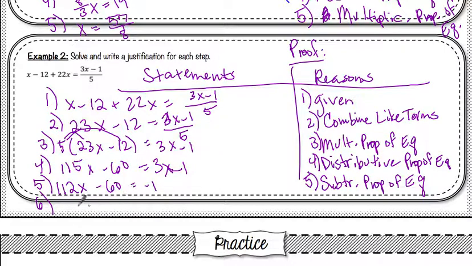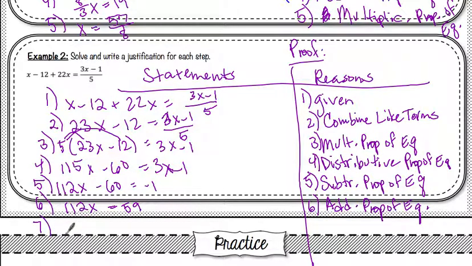Then I'm going to add 60 to both sides. I get 112x, the 60 cancels out. Negative 1 plus 60 is 59. So I have 112x equals 59. Okay? Because I added to both sides, this is the addition property of equality.